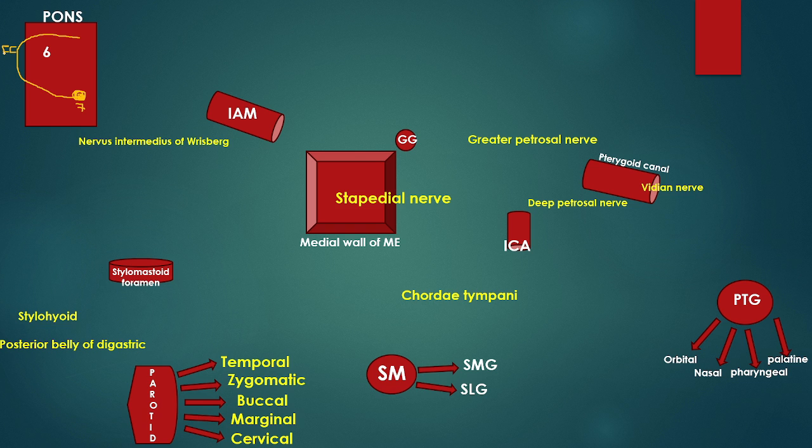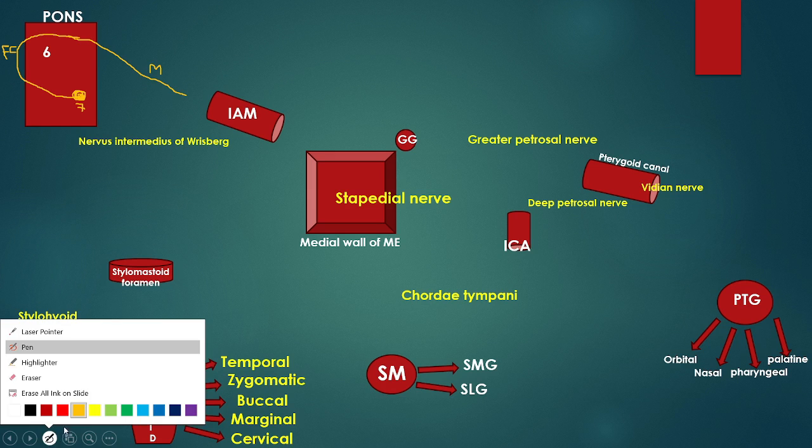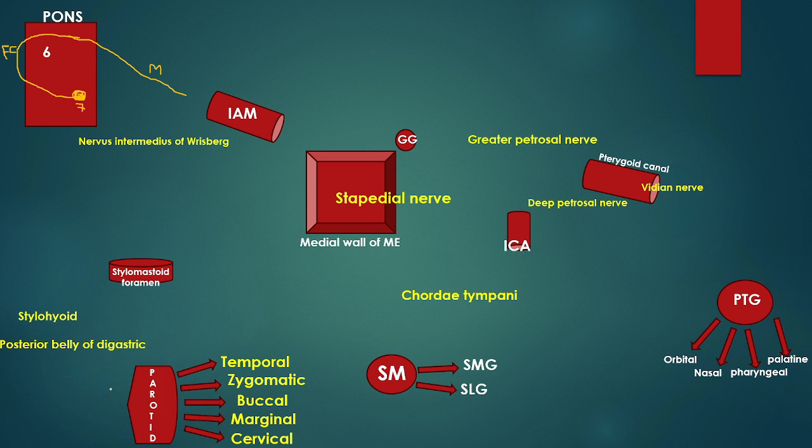Now this nerve goes ahead. This is the motor part of the facial nerve. There is also a sensory part of the facial nerve, that is the nervus intermedius of Wrisberg. Now both the sensory and the motor parts go ahead and together they pass through the internal acoustic meatus, right?